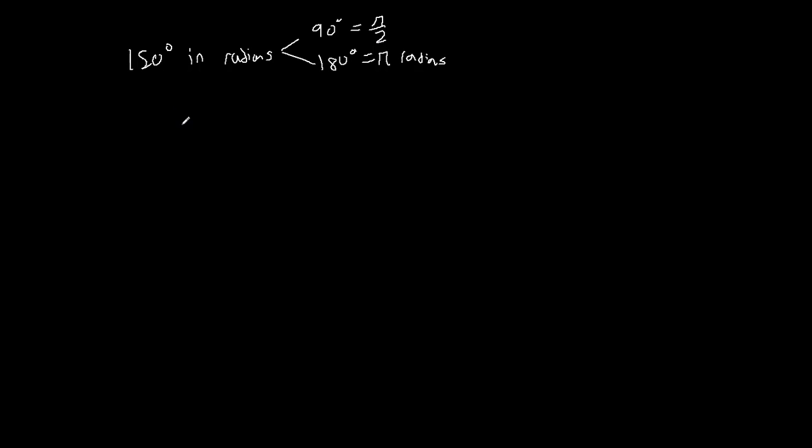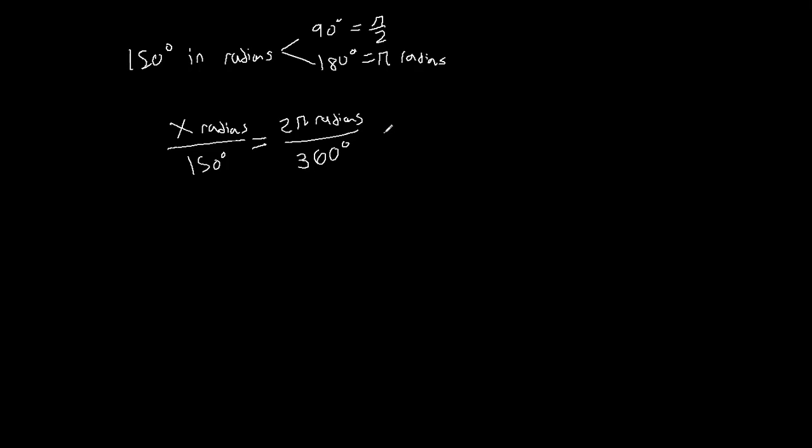So we are looking for radians, so I always like to put radians on top, and we're just going to do some basic algebra here. So we have x radians is equal to 150 degrees. All right, and this is those proportions that I talked about before. And then again, we know that 2 pi radians is equal to 360 degrees. Okay, hopefully you're with me so far.